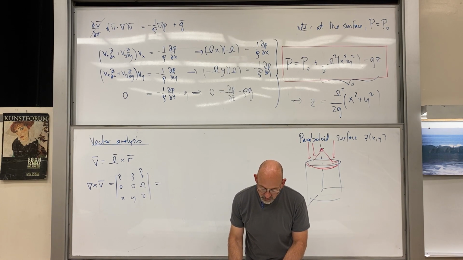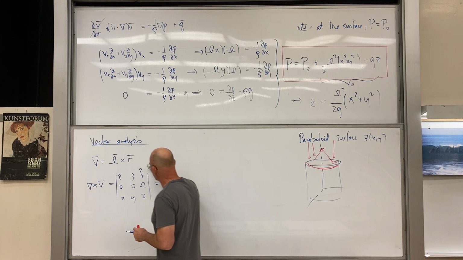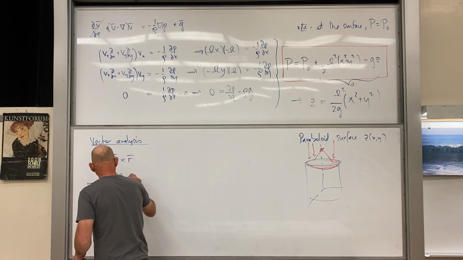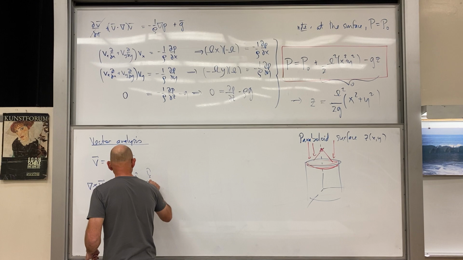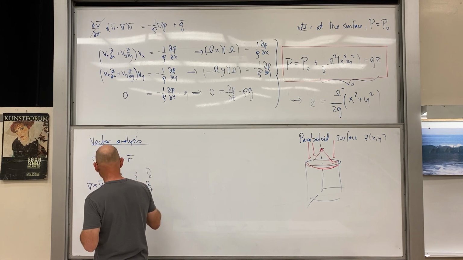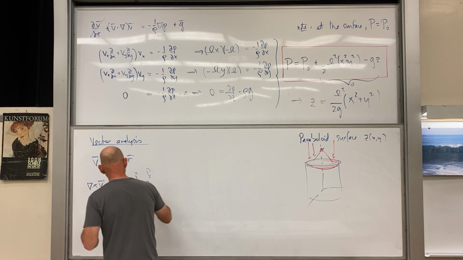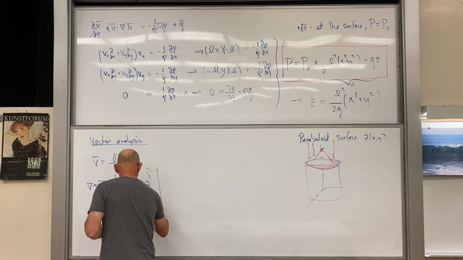Not a cross product, a derivative. That's what's going on here. Once more, i j k, d over dx, d over dy, d over dz. And we'll go ahead and put the v in, which was minus omega y, omega x, 0.